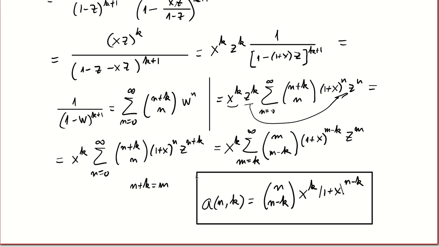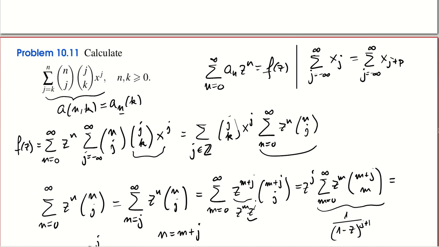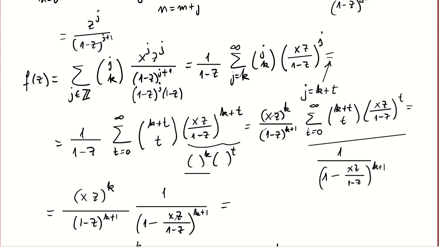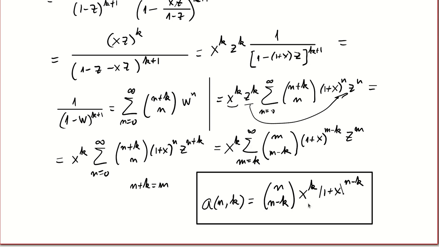And as you can see, there are no coefficients for powers smaller than k, but that makes sense because if this index n is smaller than k, then this number here is negative, and then you know that the binomial coefficient is 0. So this is the final sum. The sum that we had at the beginning of the problem, this complicated sum, turns out to be just equal to this expression here, which is much easier to evaluate, right?